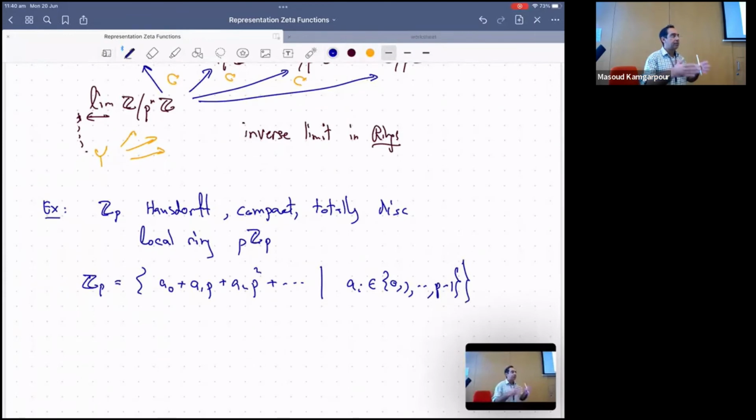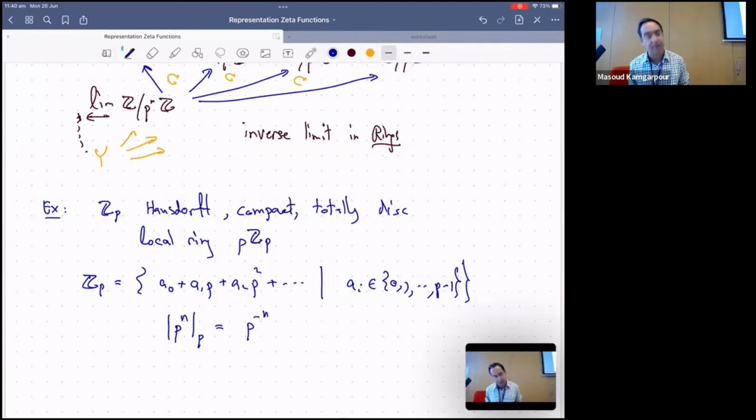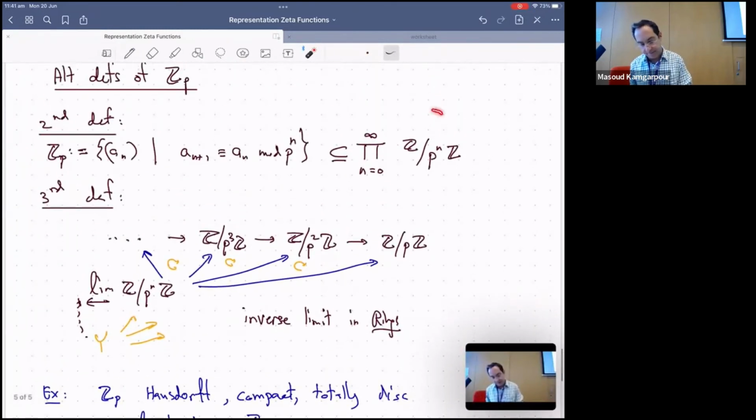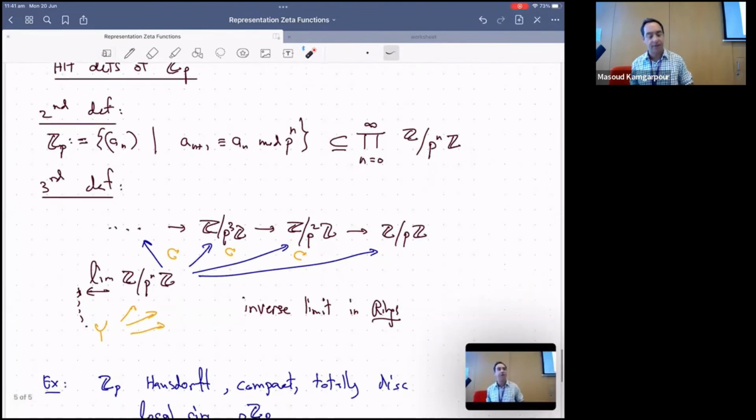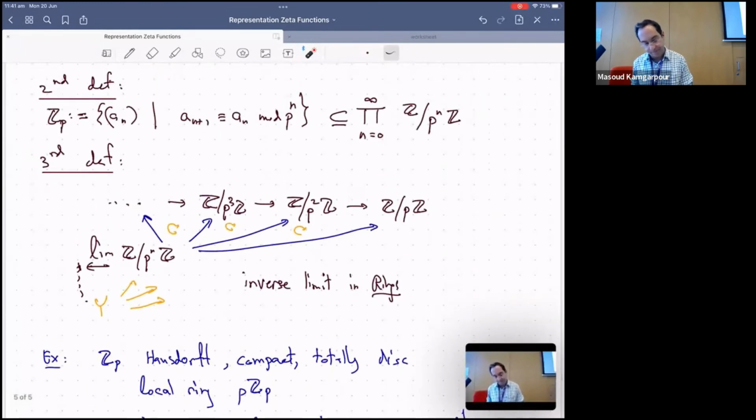So you can think about the p-adic integers as formal power series in p. And why does this converge? We know the norm of p^n is p^{-n}, and that goes to 0 when n goes to infinity. That is to say, these are all Cauchy sequences. And you can see how to build the coefficients: when you go from a_{n+1} to a_n, you just truncate your power series.